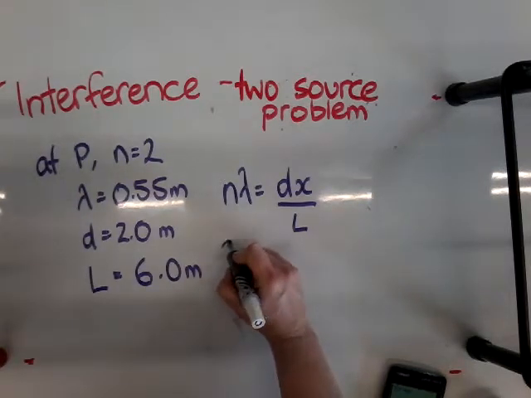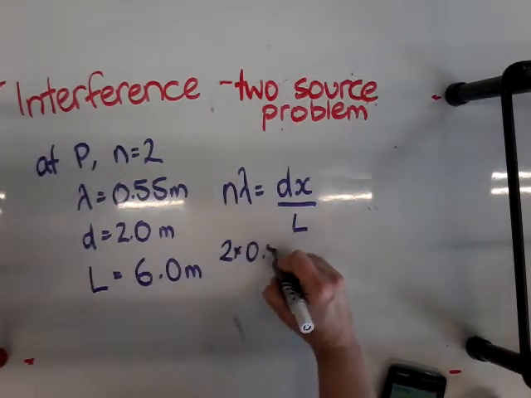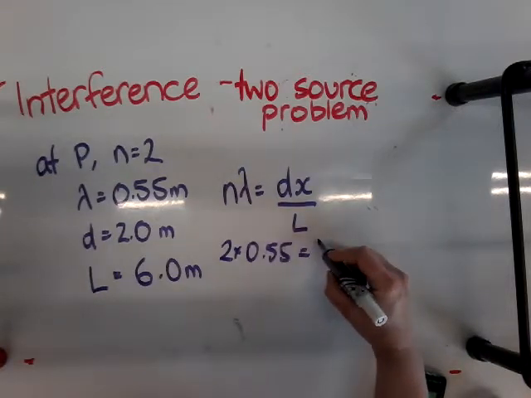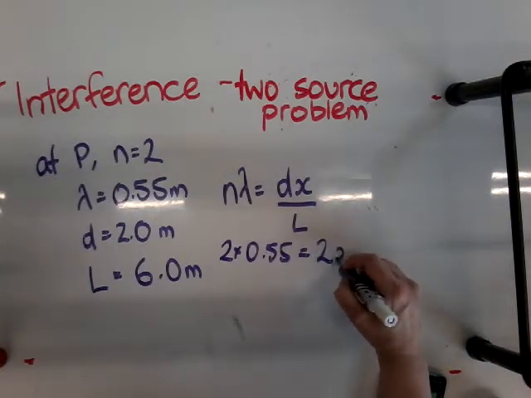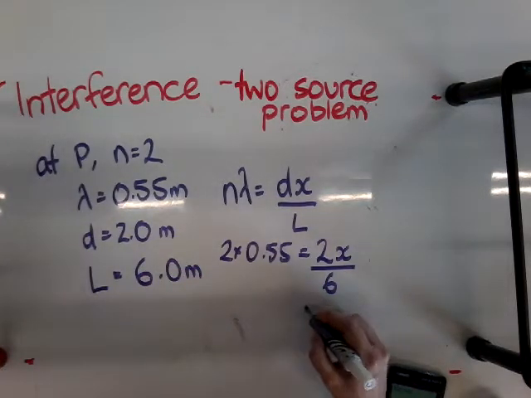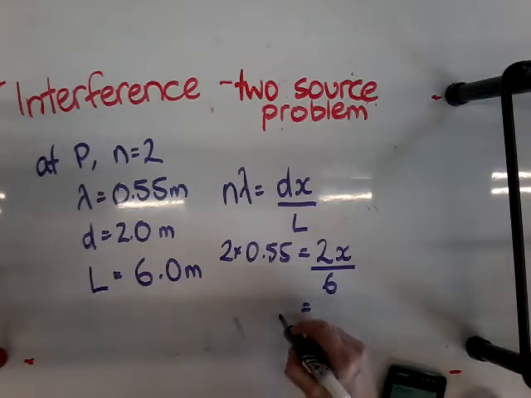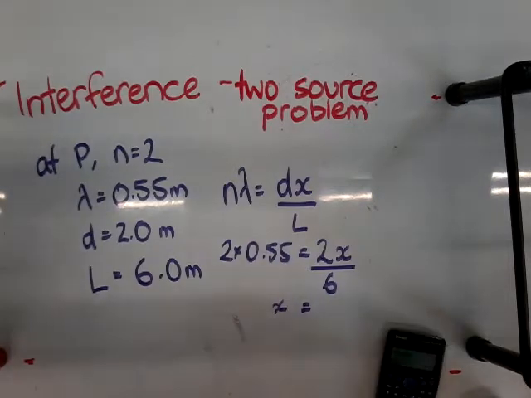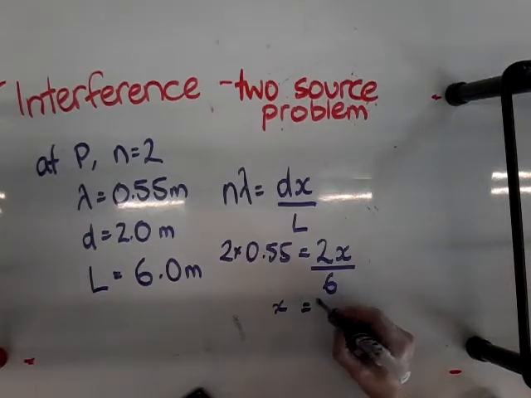So it's going to be 2 times 0.55 equals 2x over 6. And I'm not worrying about the units because I'm running out of room. So x is going to be 2 times 0.55 times 6 divided by 2, 3.3 meters.